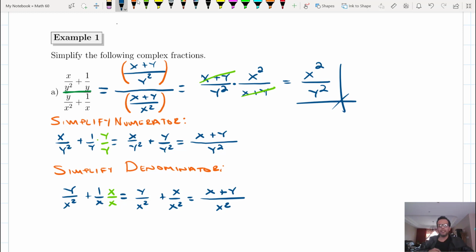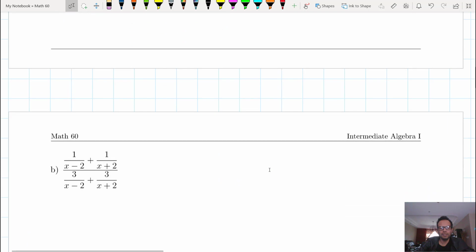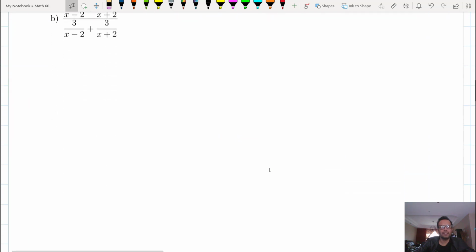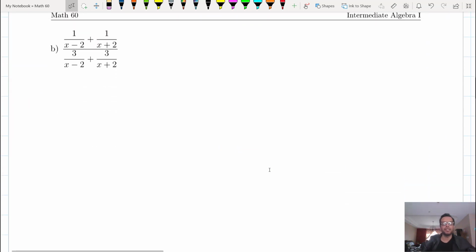Okay, let's move on to the next example. Let's see what we have. Okay, looks like we have something that looks a little bit ugly. Yes, it's big, it's huge, but again, let's do the numerator first and the denominator afterwards, one at a time, right?